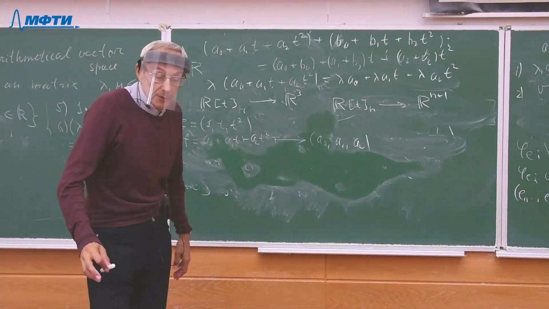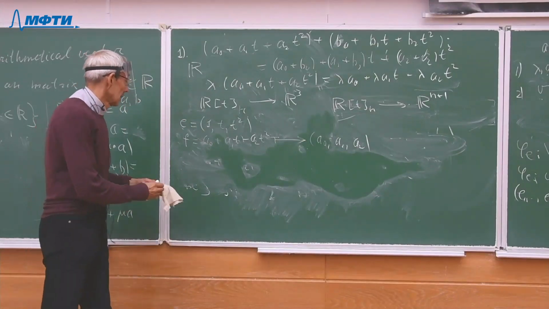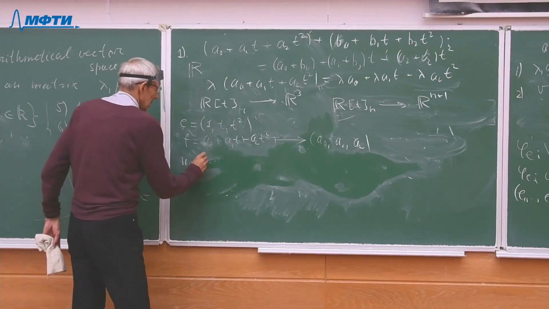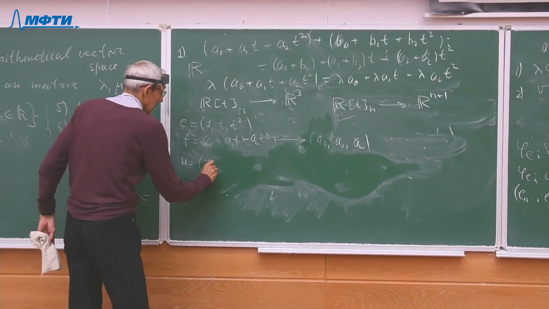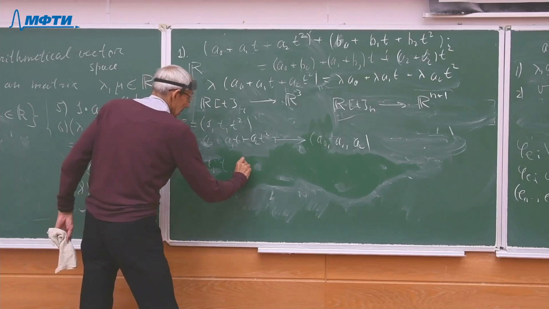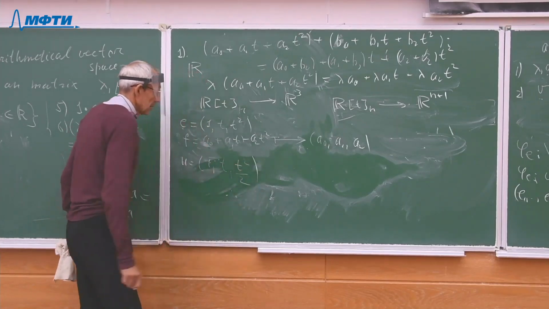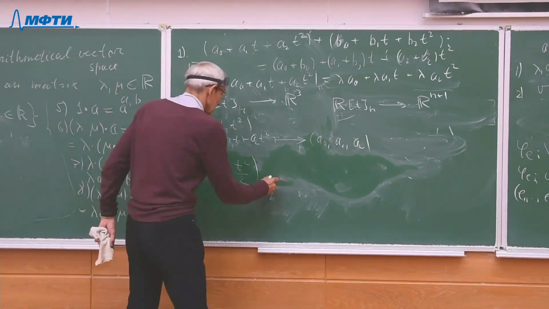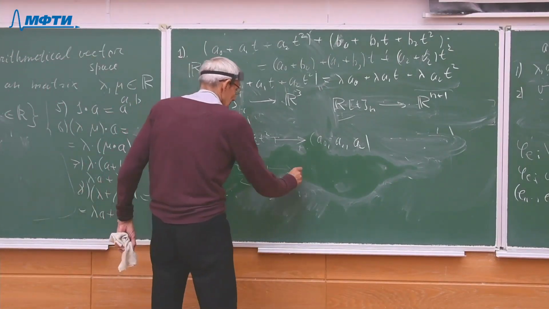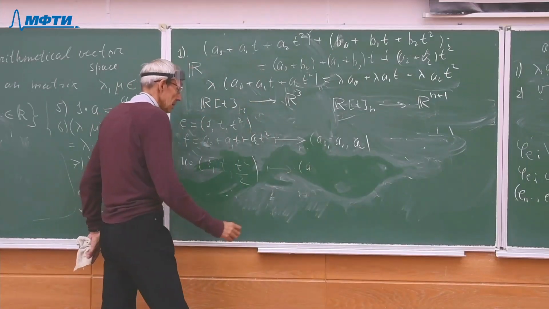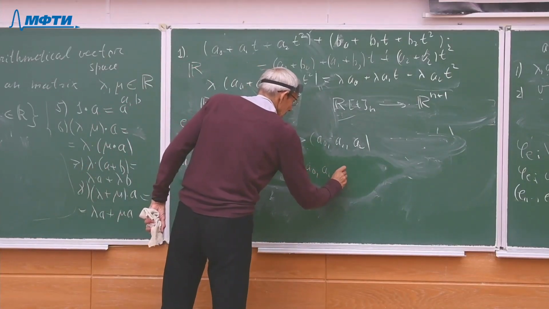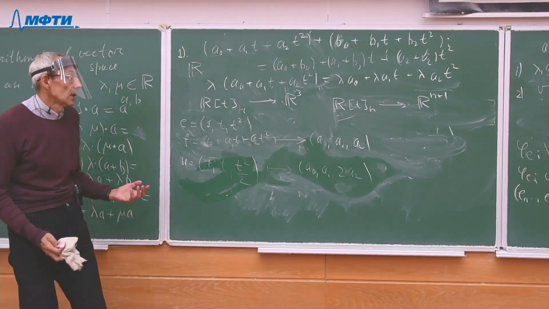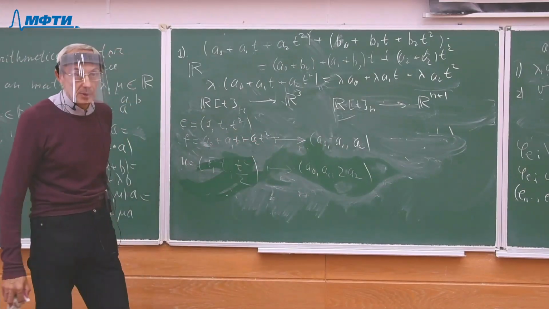But I can choose other bases. For example, the basis 1, t, t squared divided by 2. And in this case, I obtain other coordinates, and I obtain another correspondence.